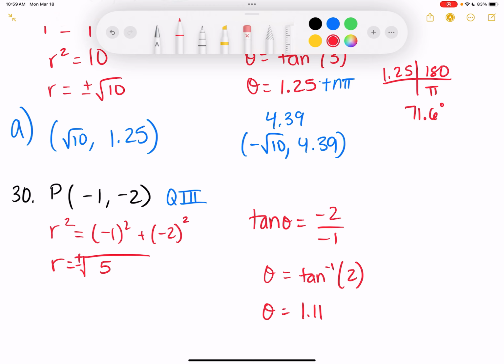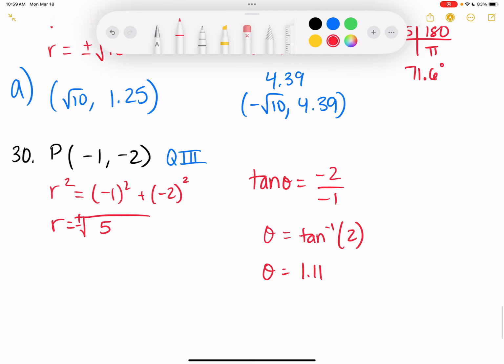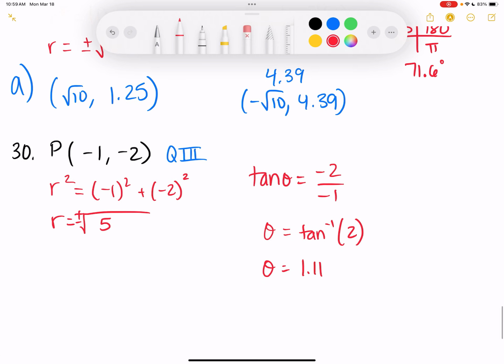Because we knew where this was, 1.25, we can pretty safely assume that that's also going to be in quadrant 1, but if not, you could convert that. So the first angle is in quadrant 1, but I need it in quadrant 3, so which one am I going to need to pick for this one? Negative square root of 5. So the negative square root of 5 and 1.11 are going to be the first one.